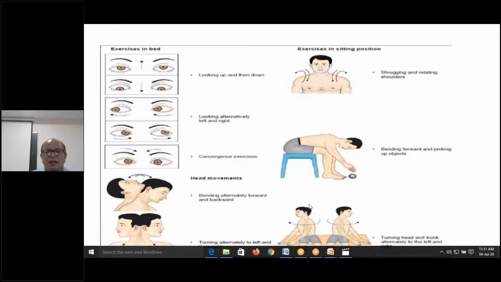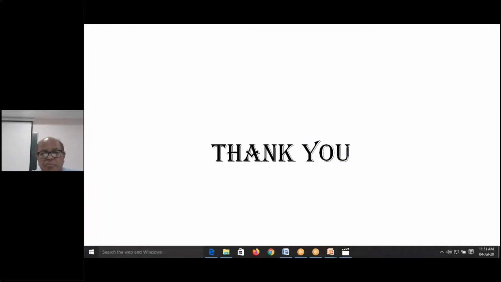This is a rehabilitation exercise that most commonly works in BPPV and helps in taking the patient off drugs, particularly the labyrinthine sedatives. So that finishes your tests for balance.